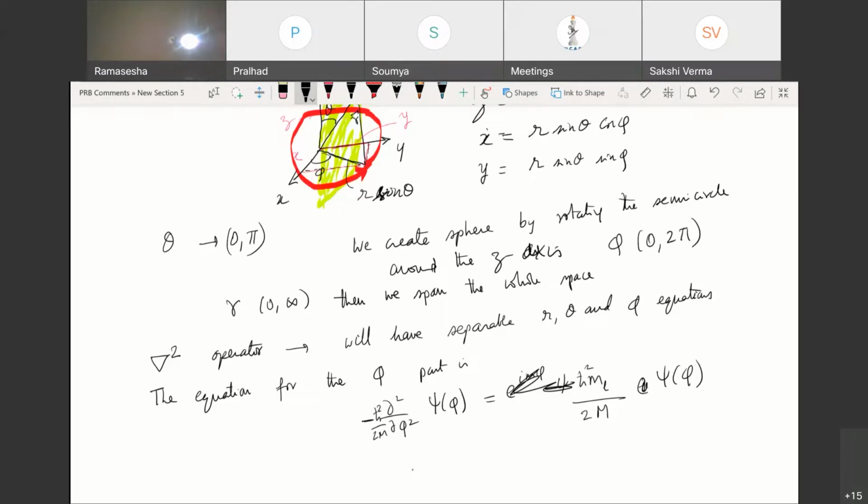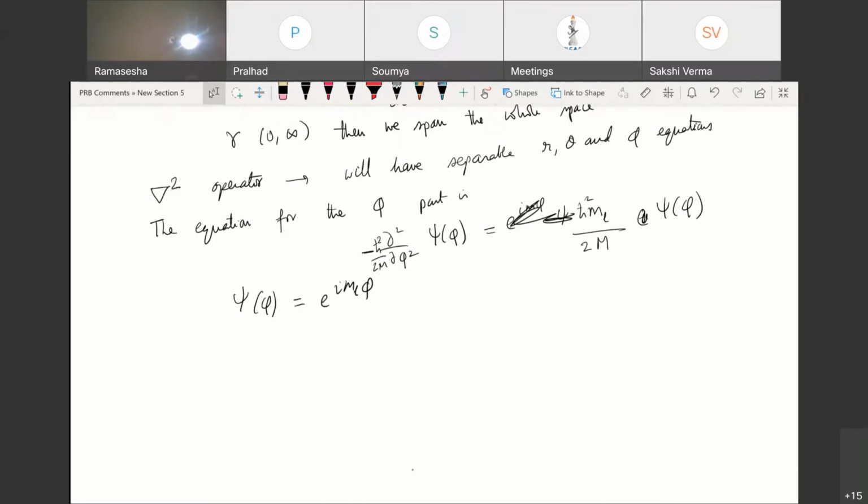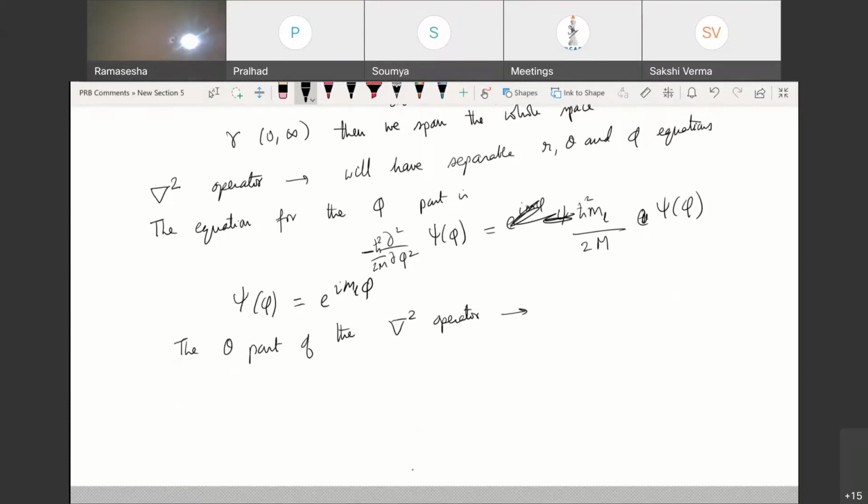Okay, if you have seen the hydrogen atom, psi is the theta part of del square of psi, which will give you some l into l plus 1 by r square into P_l naught cosine theta. Okay, so these are things that are standard. You can look at the answer.